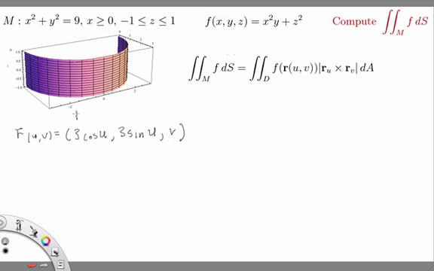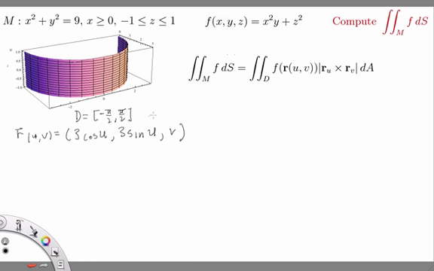Now the domain D of the parameterization, so the relevant values of u and v to exactly describe this surface, the set of points exactly once. So the u values are going to range from what to what? Well, u is this angular coordinate, and essentially I'm going to want -pi/2 to pi/2.